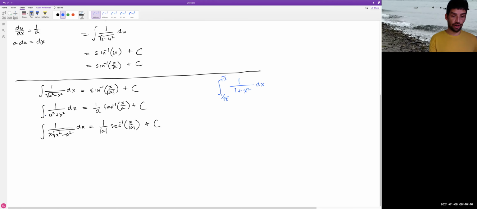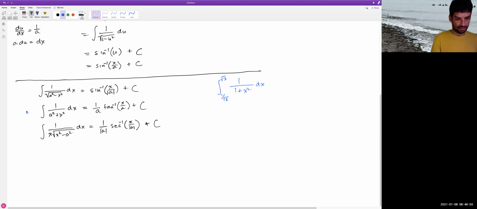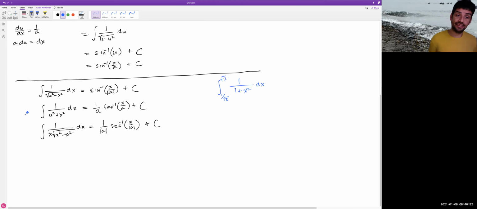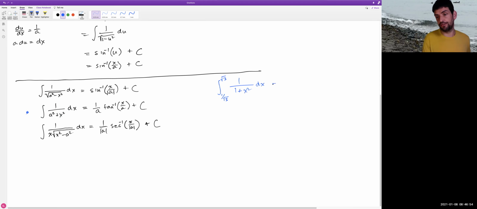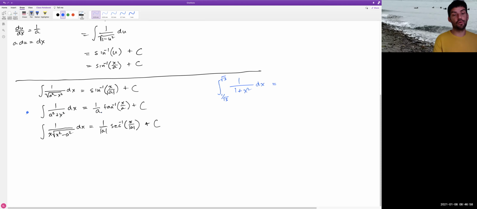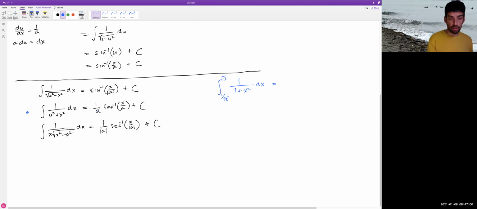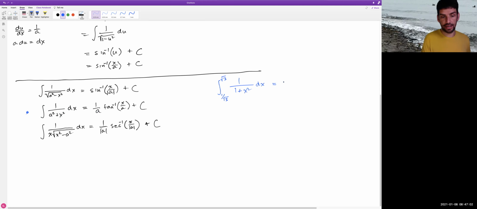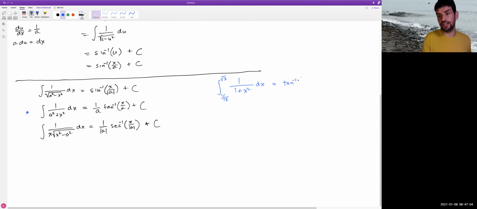Well, looking at our chart, our set of rules, I see this is the second form where a is equal to 1, so I can just follow this pattern. If a is equal to 1, this is 1 over 1, so I don't need to write that, and I get the inverse tangent of x over 1.